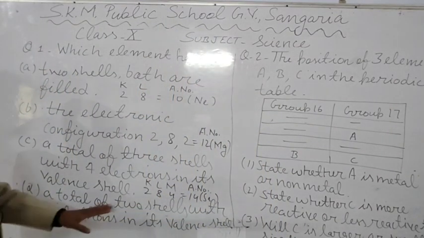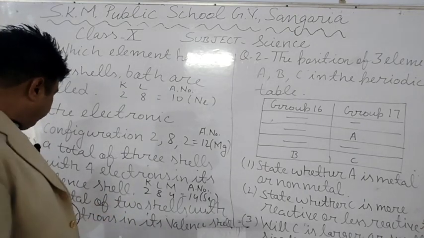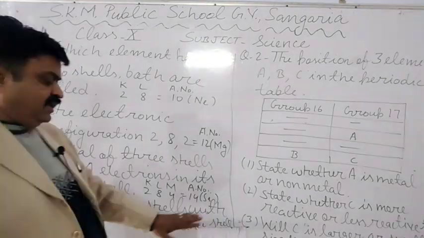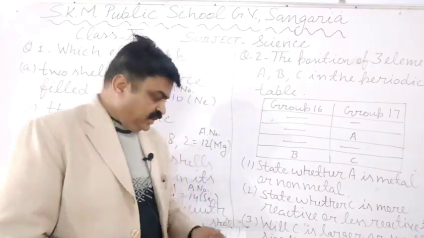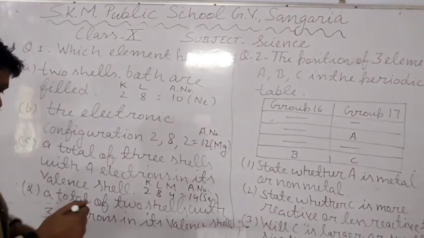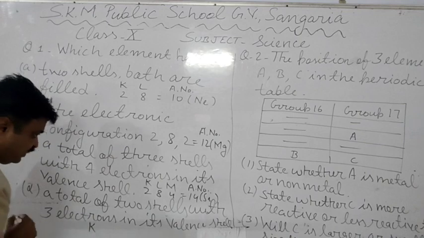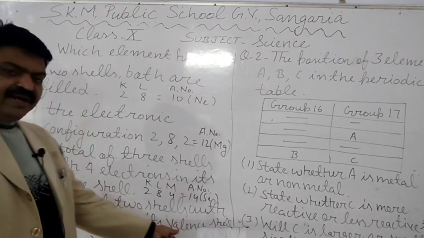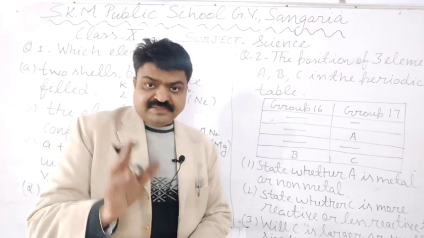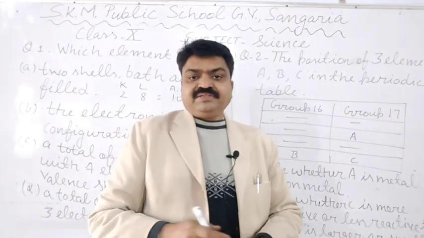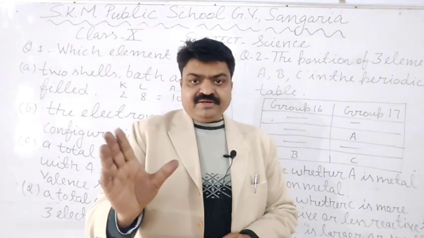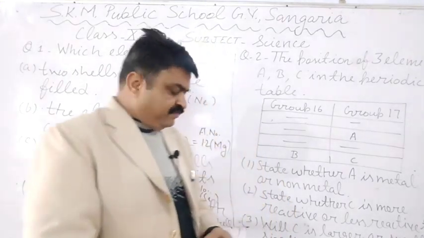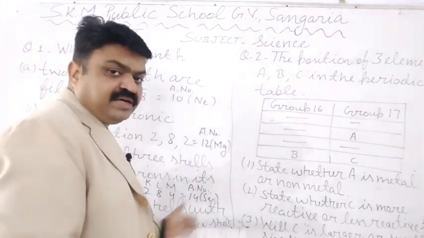Next is a total of 2 cells with 3 electrons in its valence cell. There are 2 cells, means K cell and L cell, and in the K cell there are 2. The valence cell is the cell that determines the valency of the element or the atom, means the outermost cell.